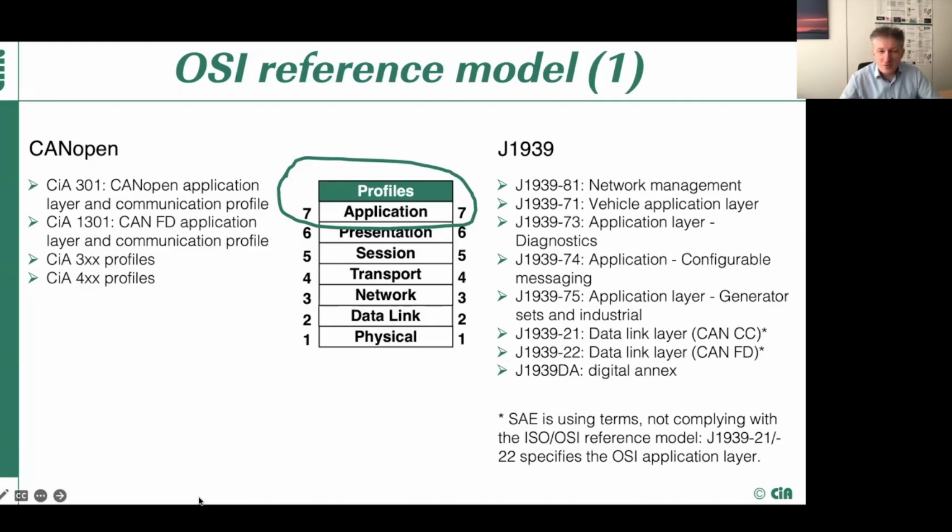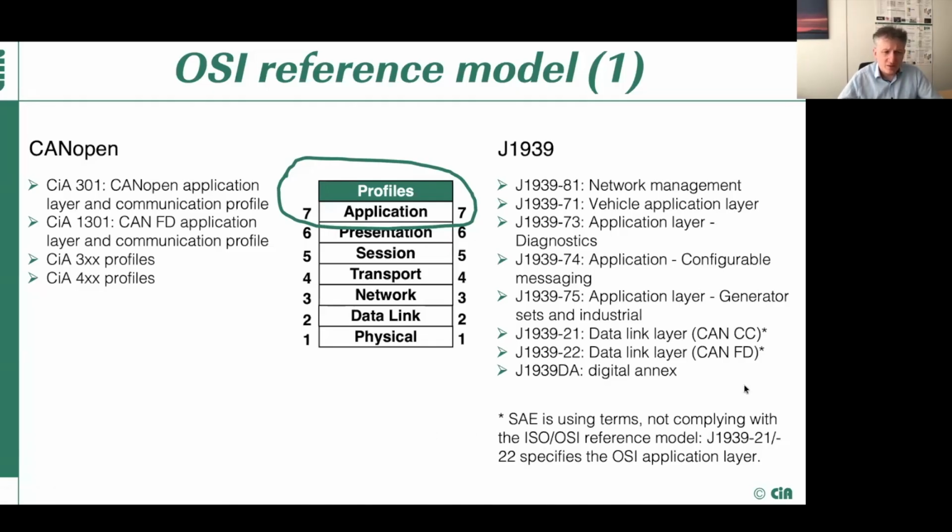The only thing marked here with a green circle, to point out what we will talk about, is the point of our interest. The idea is actually the mapping of CANopen into J1939.